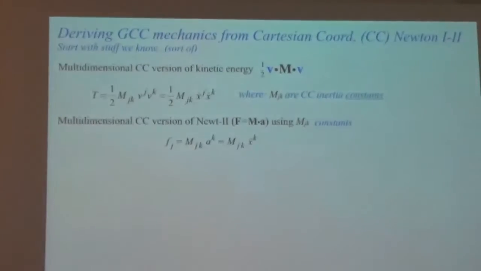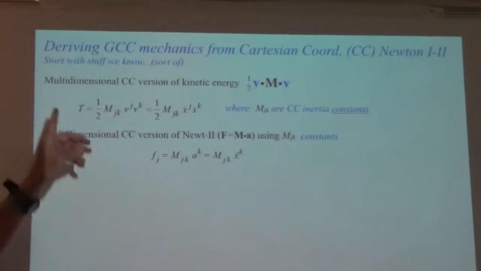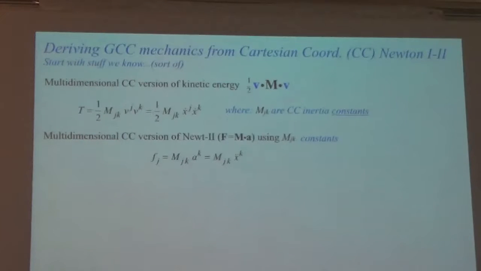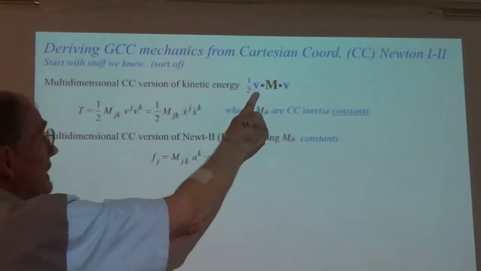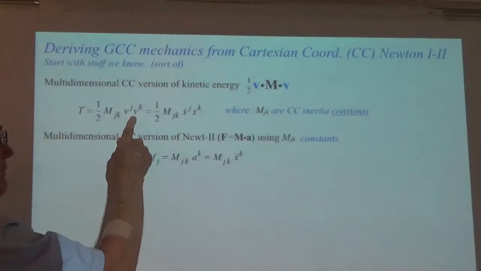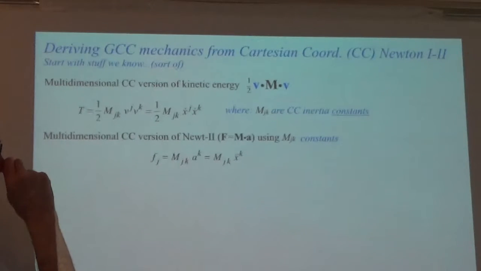Okay? So I say that we start with stuff we know, and I put in parentheses, sort of, because there's lots of whereases and wherefores and so forths that have to be really said. But anyway, writing out your quadratic form in terms of velocities is pretty easy.